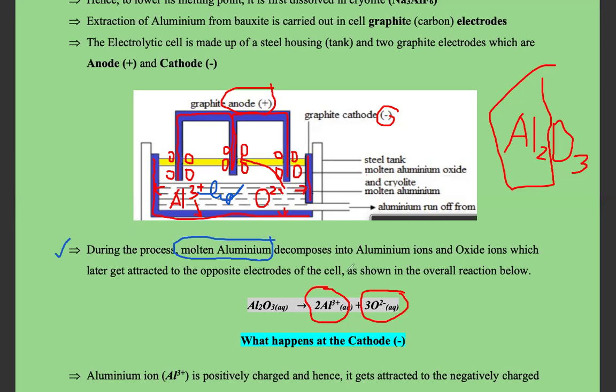After these distinct ions are formed, then they are in the solution, they will be attracted to opposite electrodes. Aluminium, which is positively charged, will be attracted to the negatively charged electrode, and oxygen, which is negatively charged, will be attracted to the positive terminal, as I've indicated.